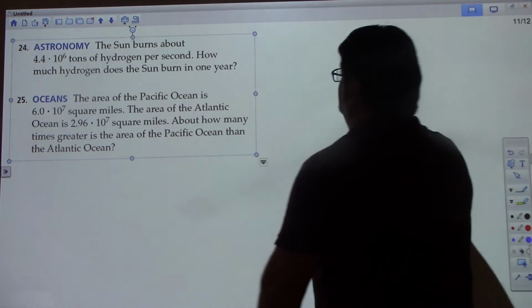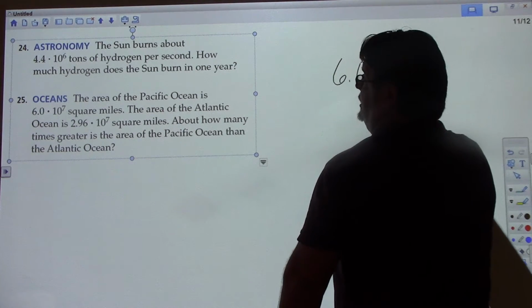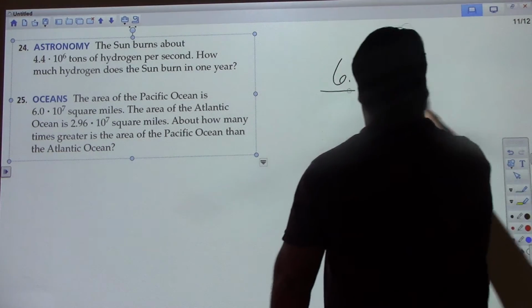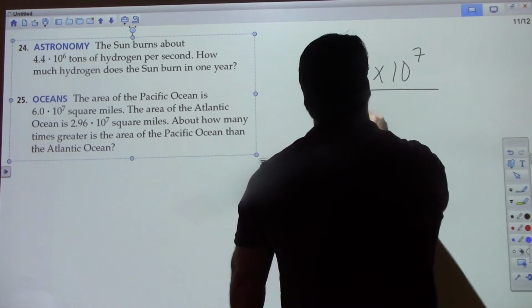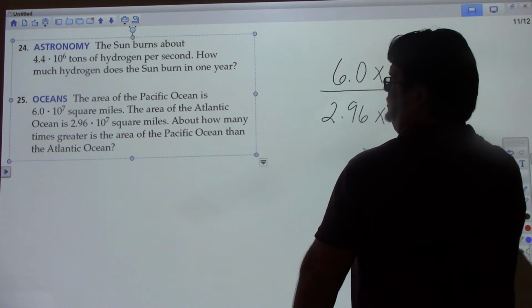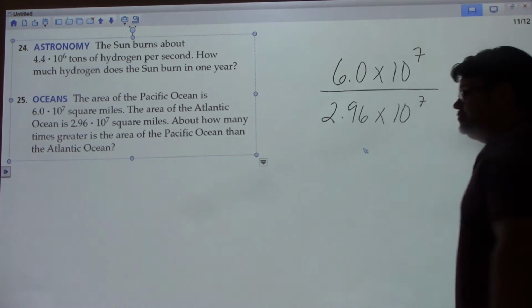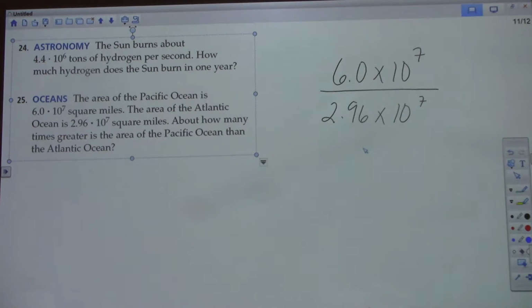Take 6.0 times 10 to the 7th and divide by 2.96 times 10 to the 7. Now, again, let's use our brain. The answer is going to be about twice as big.